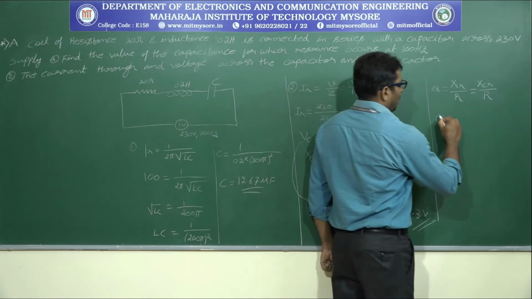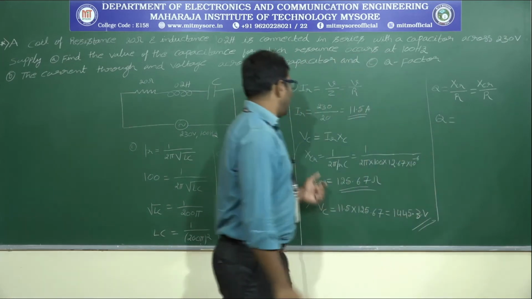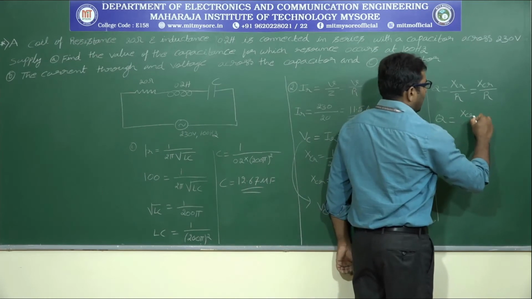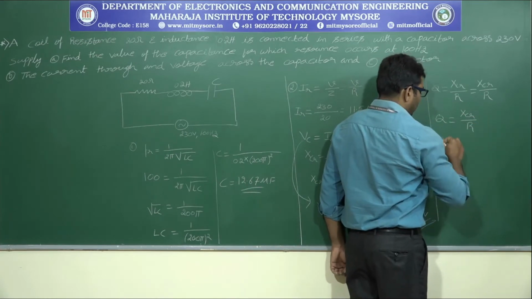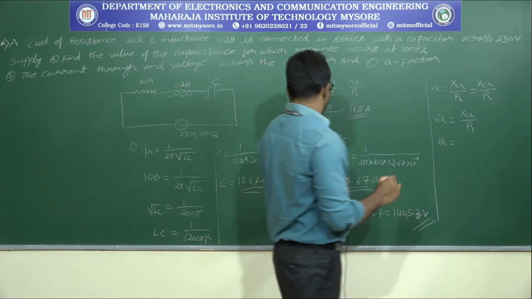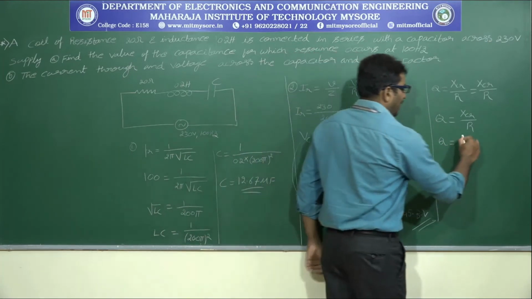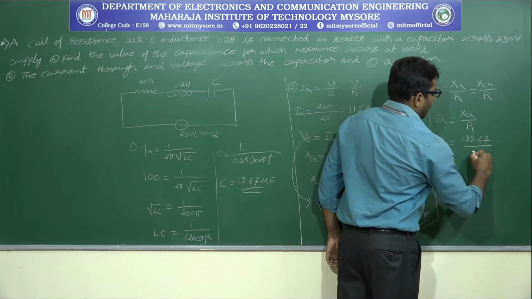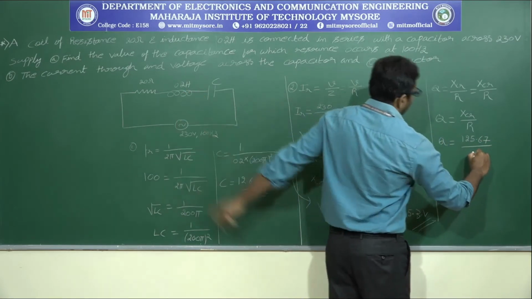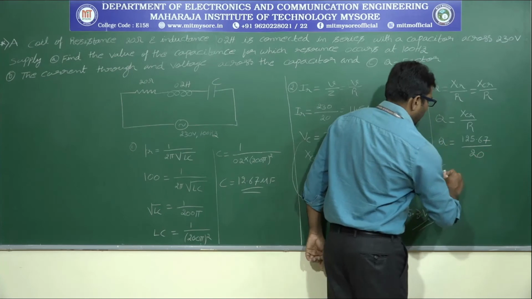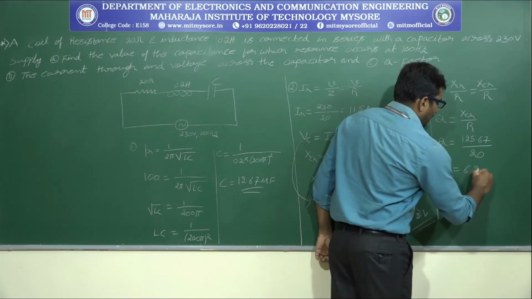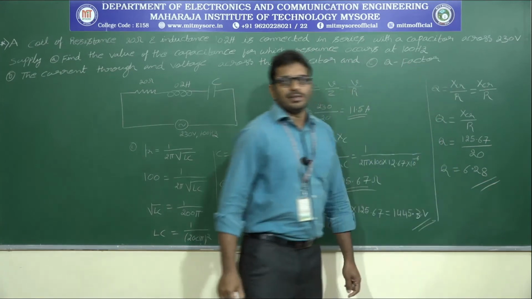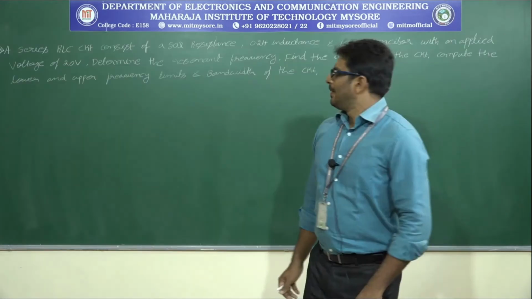Because we already calculated XCR, we can use the second formula, Q is equal to XCR divided by R. XCR is 125.67 divided by, what is the R value? 20 ohm. So you will get 6.28. Is that clear? Thank you.